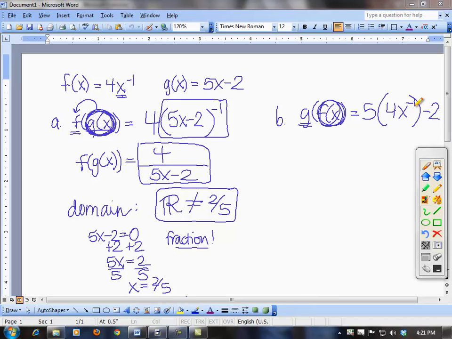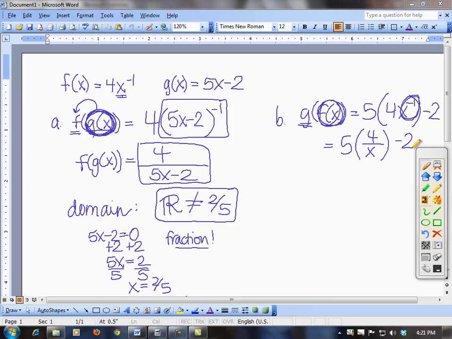Now it's the way that we write this that's going to be our biggest thing. I'm going to leave this 5, and then I'm going to multiply by. Now this negative 1 is only tied to the x, so that means the 4 stays on top, the x goes on bottom, minus 2.